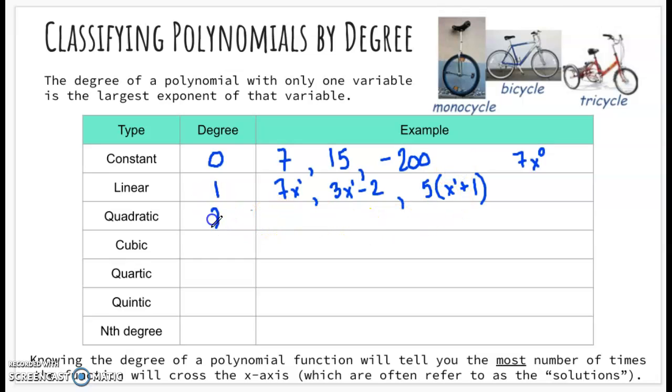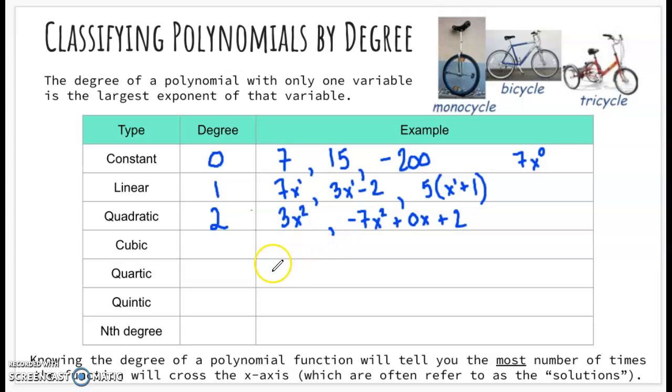Quadratics are a second degree polynomial. An example of a quadratic would be 3x squared, or another example would be -7x squared plus 0x plus 2. That would be an example of a quadratic.